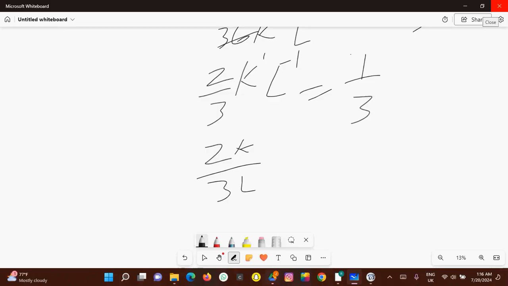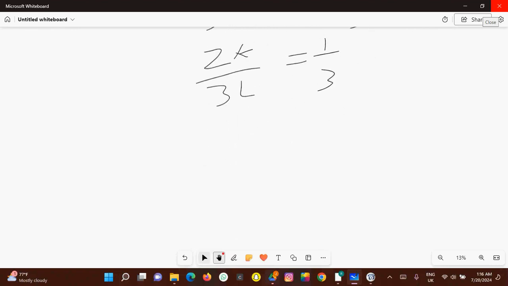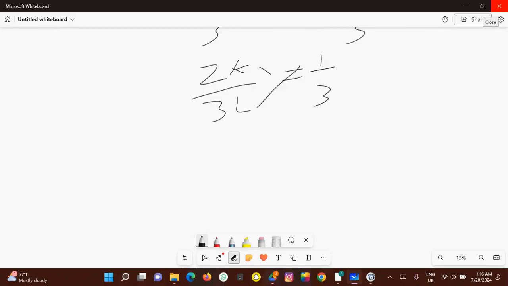Now you can cross multiply, giving 6K equal to 3L.